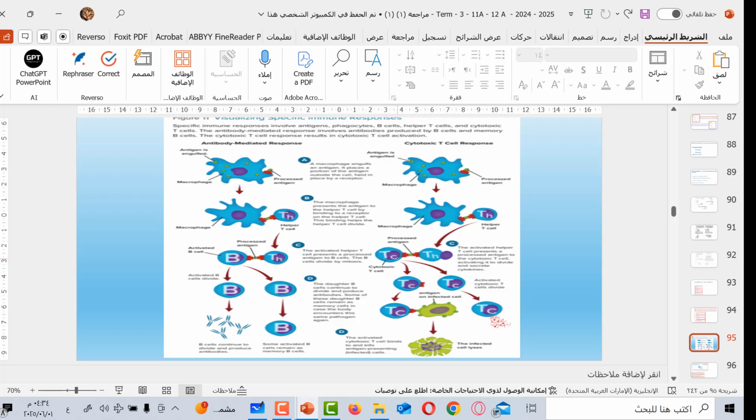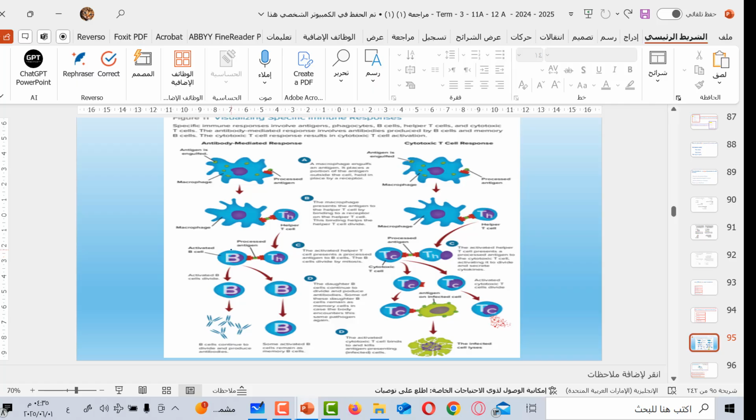On the other hand, when the compound of helper T cell and presented pathogen is combined with a killer T cell, the killer T cell is activated, and it divides as the B cell divides.